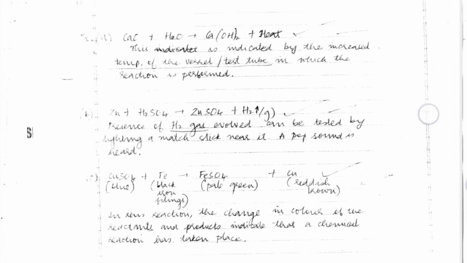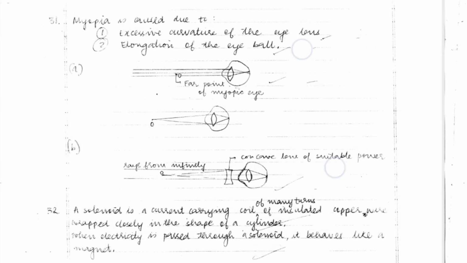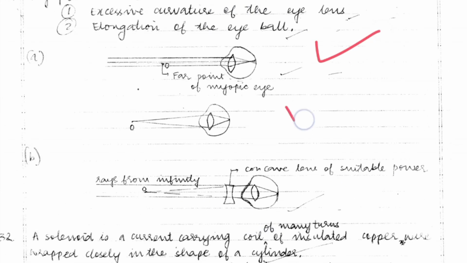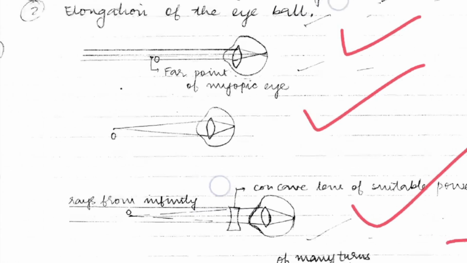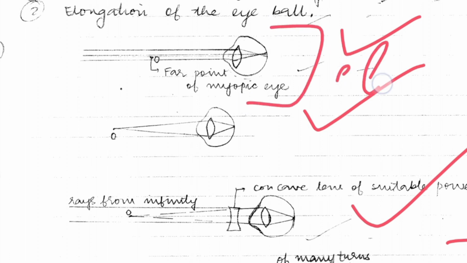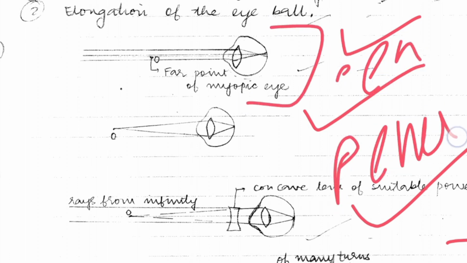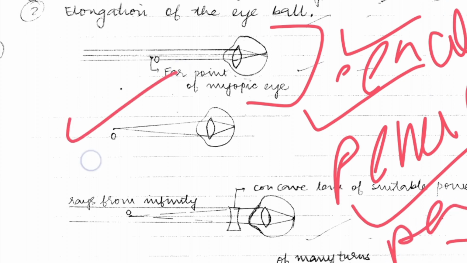Next, let's go to the eye diagrams. These are questions which might come this year, as per a few expert teachers. So this is a question which you guys have to do, and make sure everything is with pencil.